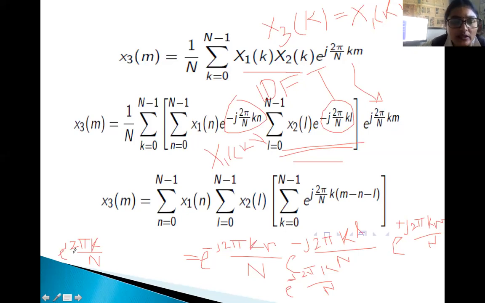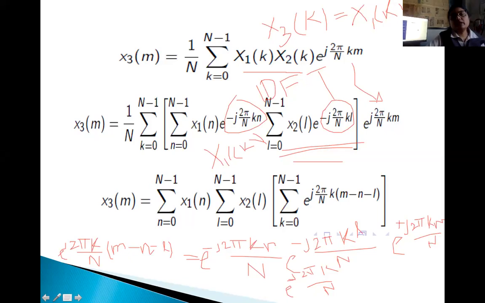So if I take e raised to j 2 pi k upon capital N, for the remaining bracket, what will remain? This m first, followed by minus n, because this is minus, so minus n followed by minus l. So we have clubbed these three terms together.